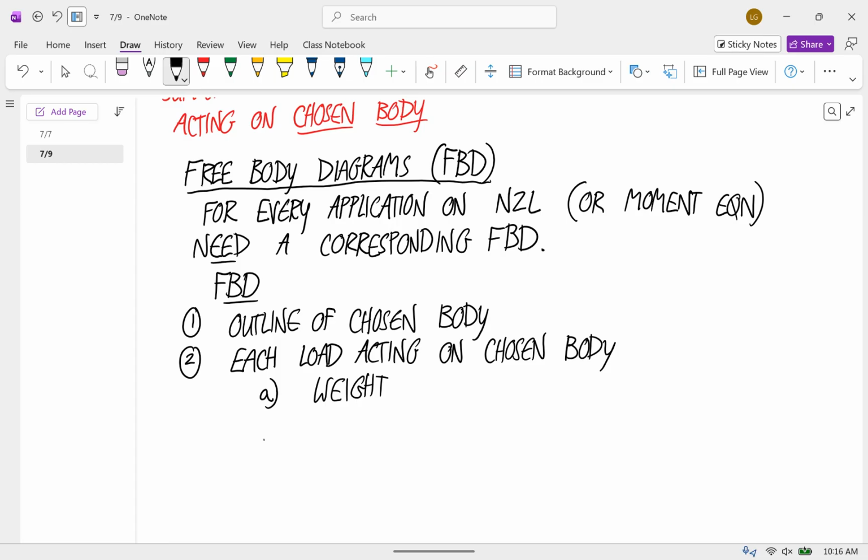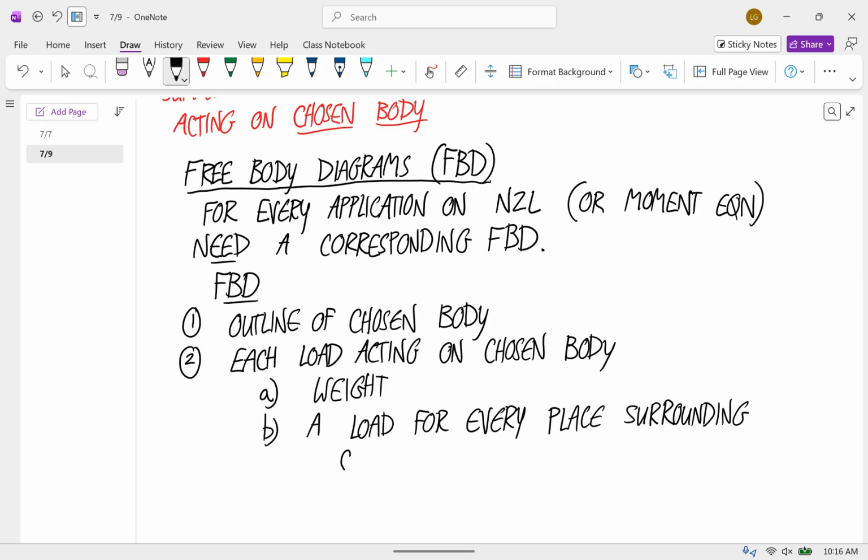And then a load for every place the surroundings contact the outline, or the boundary of the chosen body.